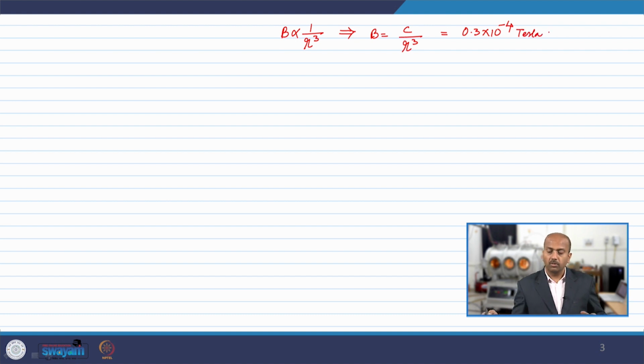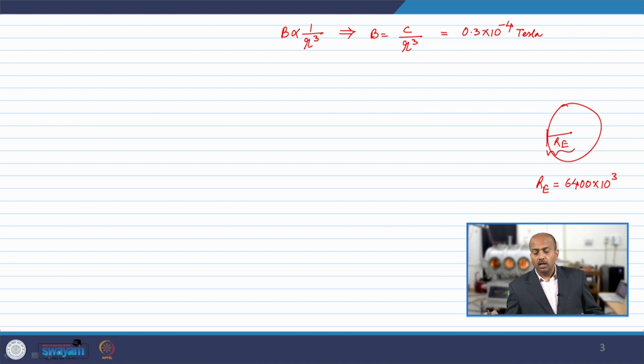It is given as 3 × 10⁻⁵ Tesla, and that is what I have written, and this is at a distance of Re from the center. So, this magnetic field is at the surface, at 1 Earth radius. How much is Re? Re is 6,400 kilometers. So, for a distance of Re, if this is 0.3 × 10⁻⁴ Tesla, we have to find out what the magnetic field would be for a distance of 5 Re.